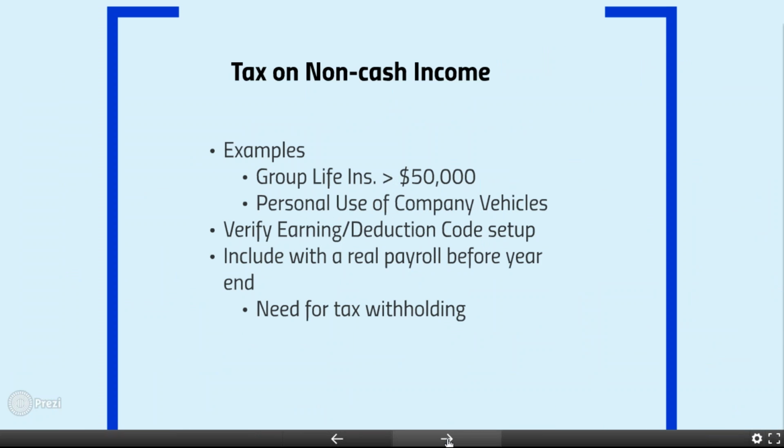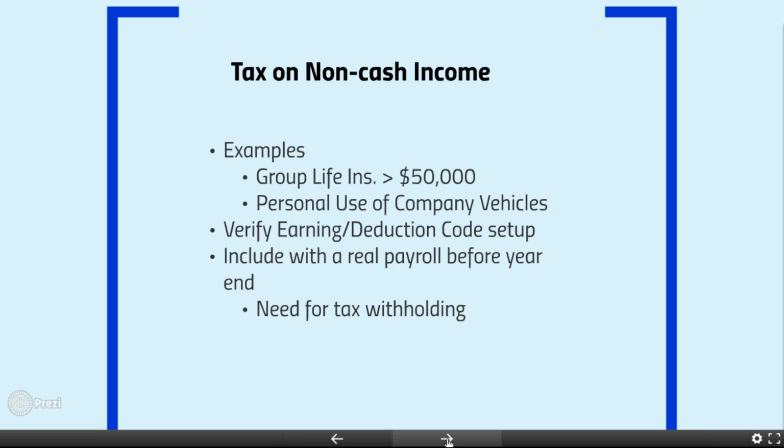So the first thing is if you have tax on non-cash income. For example, if you have employees who have group term life insurance in excess of $50,000, there are tables that tell you the imputed income that the employees would have to include in their taxable wages for that group term life insurance.